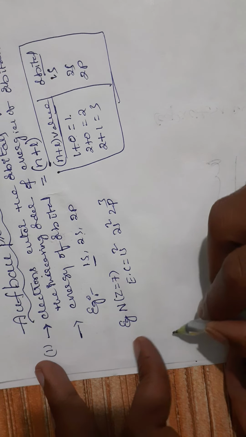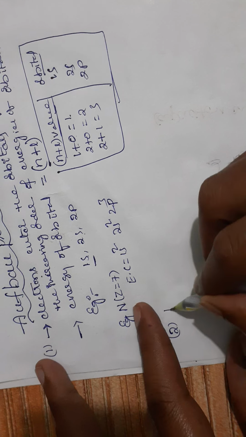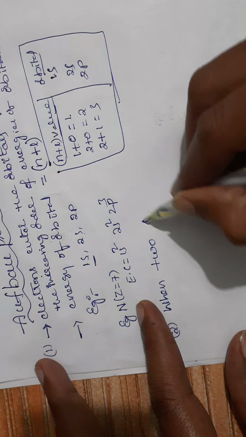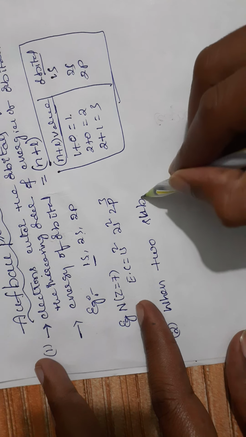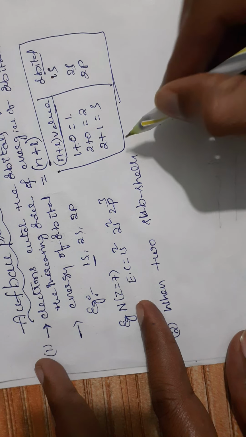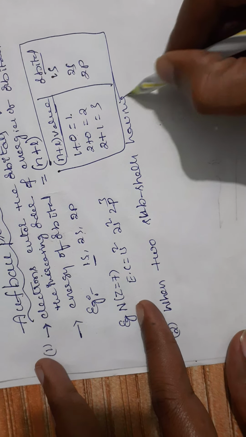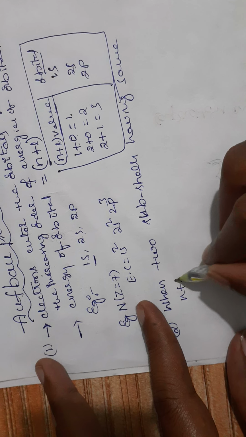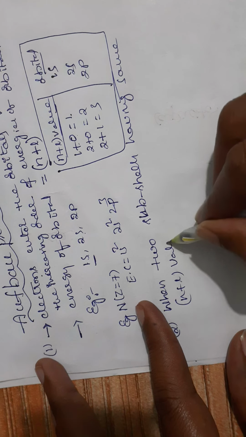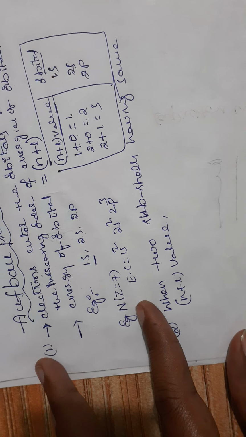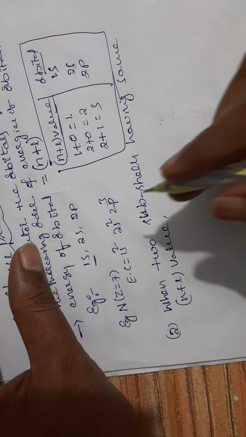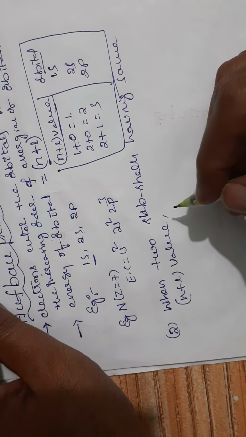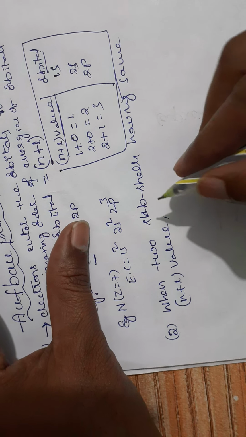Second point: when two subshells have the same n plus l value, meaning both have the same energy, then which one do electrons go into first?